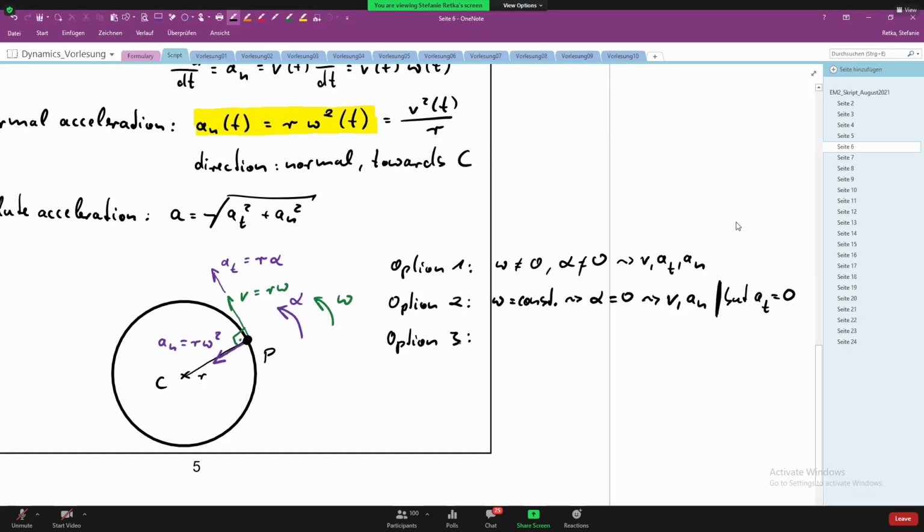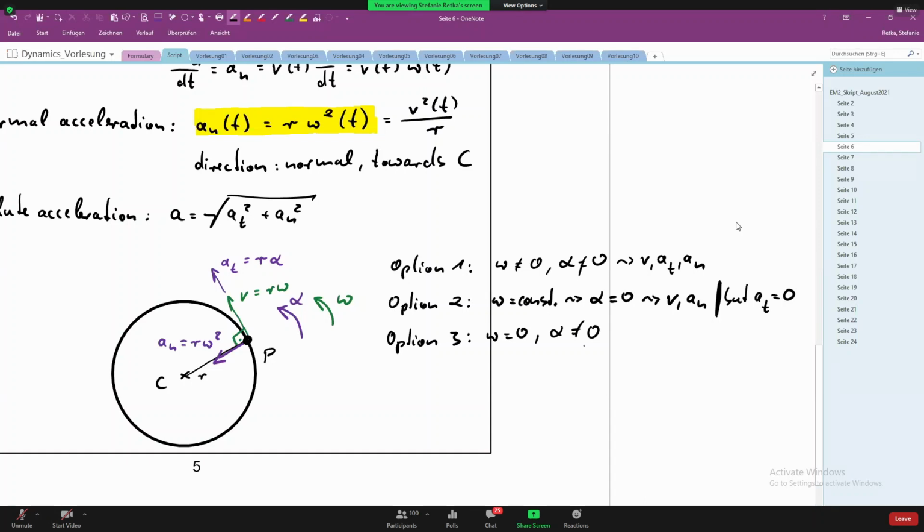Option 3. Omega is 0, but alpha exists. If our point mass is at standstill and we start the motion, the point mass has to be accelerated. And at the very beginning of this motion, the point mass is not moving, has no velocity, but it already has an acceleration.